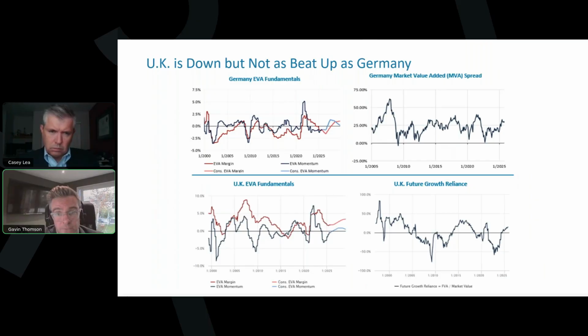And then the bottom charts look at the UK market. So the UK's seen a decent recovery trend, but growth remains negative at this point. Expectations are, however, also among the lowest, with an FGR of only around 15%.